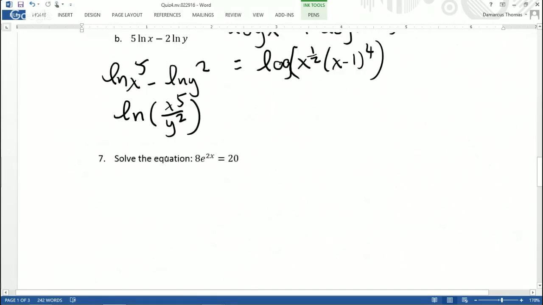Solve the equation 8e to the 2x equals 20. So isolate your exponential term. Divide both sides by 8. I'm getting e to the 2x is equal to, well, this reduces down. 4 goes into both of these numbers.